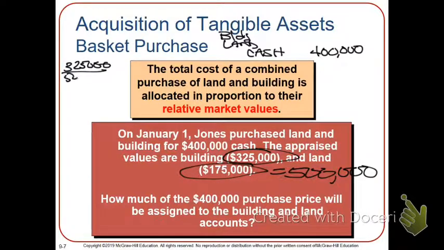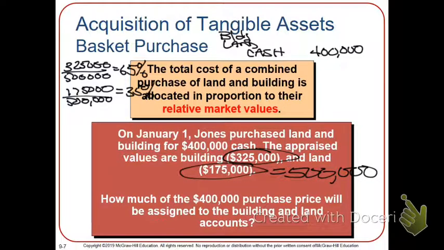325 over 500, 175 over 500. We took the original cost of each item over the cost of that item. And we found out that the building was 65% of the purchase of the cost, and the land was 35%.